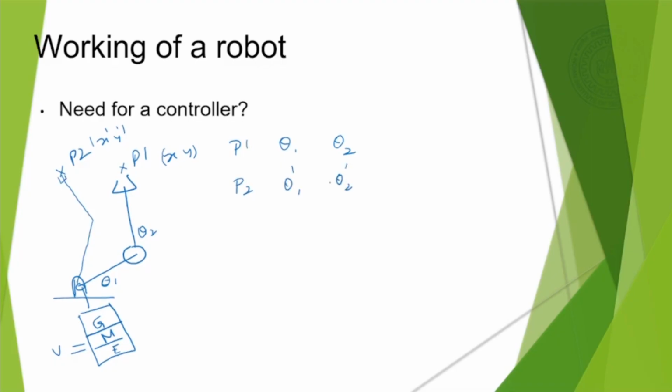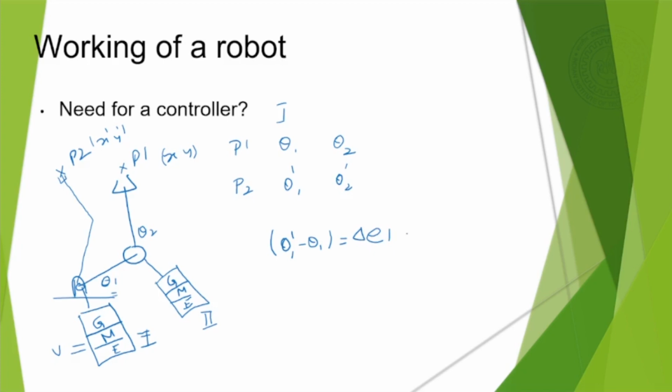Then, for each joint there is one controller fixed here, that's my controller 1, and another controller fixed there, controller number 2. So there's the motor, encoder, gear here. The first controller, which is controlling angle theta 1, computes theta 1 dashed minus theta 1 and finds the error, let's call it E1.